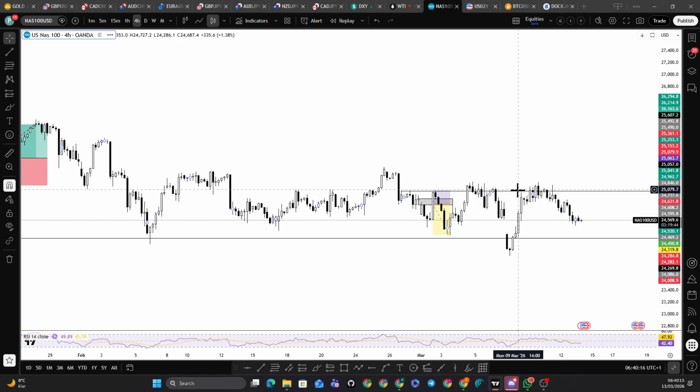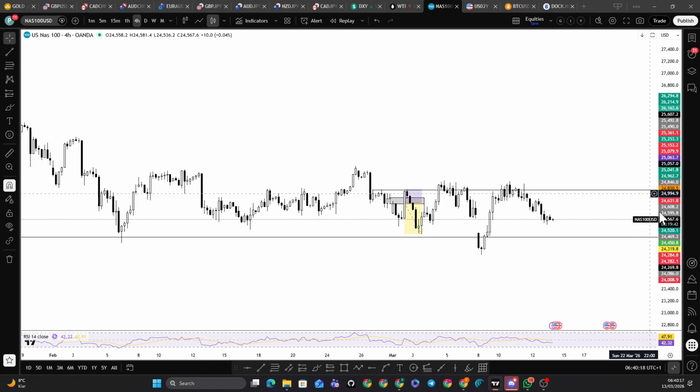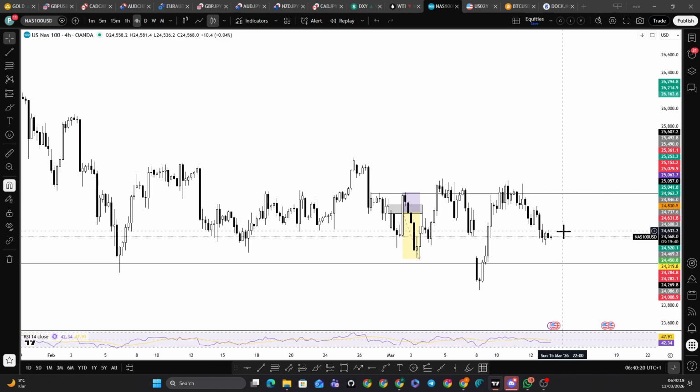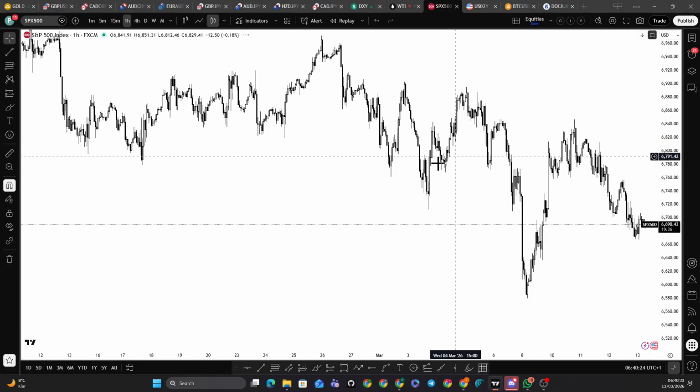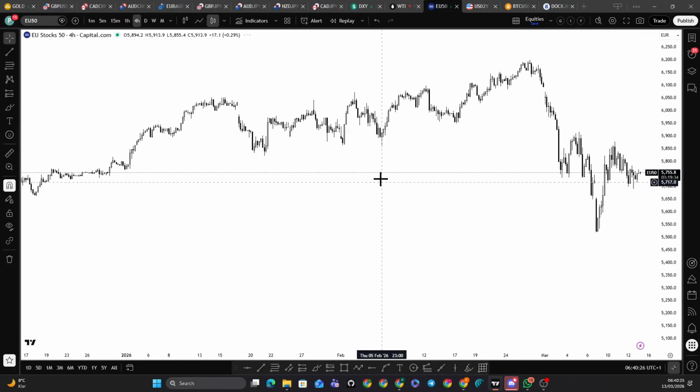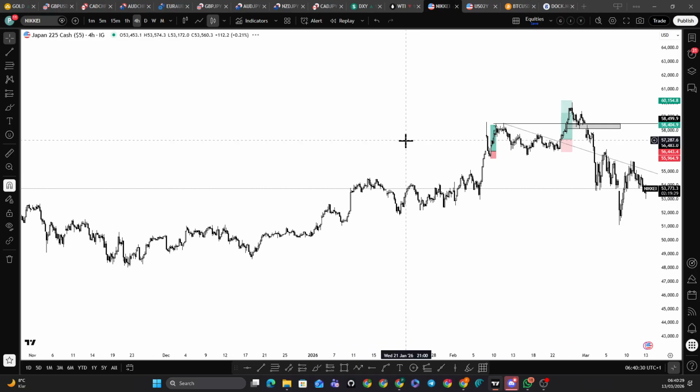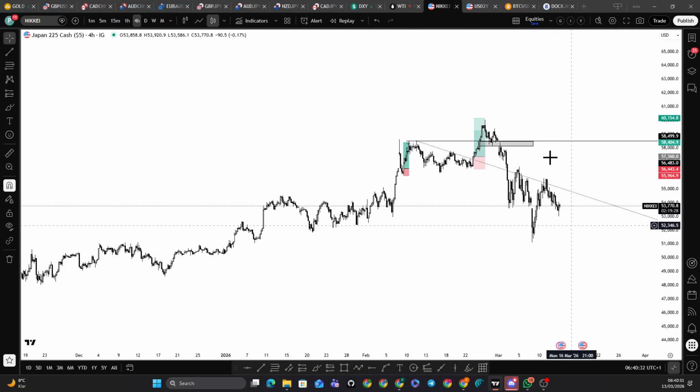I think it's just a tweet, maybe. With that, we started seeing US equities fall, and when US equities start to fall, the other equity markets also start to follow the same trend.